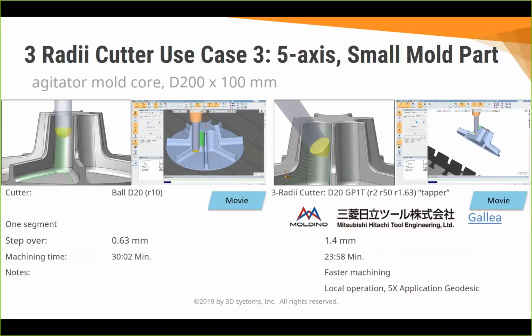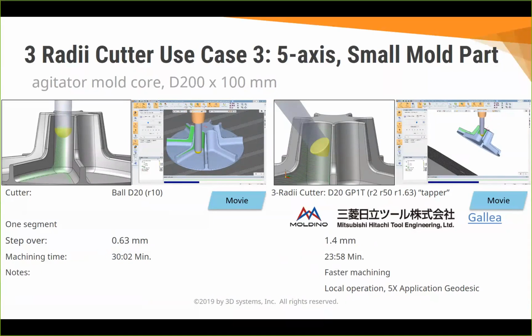The simulations are synchronized to the real machining time. So the standard ball was about 30 minutes, and the taper cutter 5-axis was 24 minutes. This is already a significant time saving, not dramatic, but interesting.